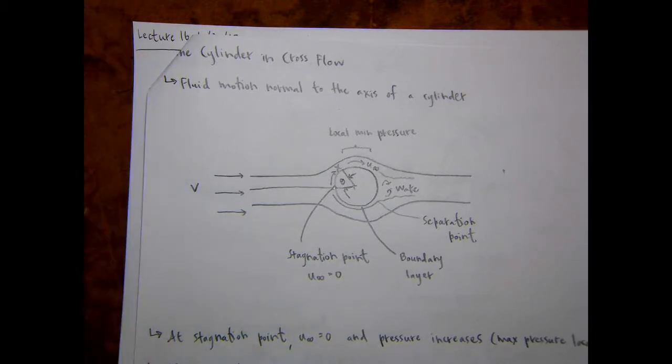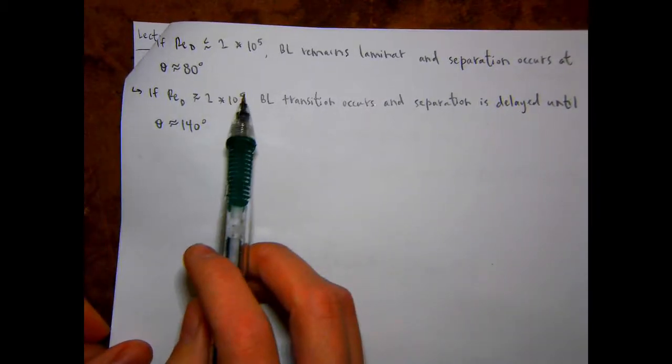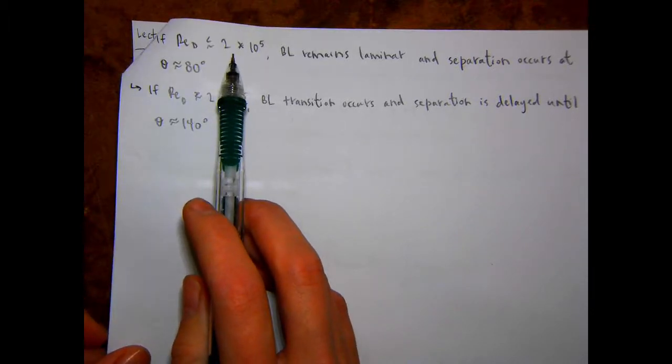We discussed that the point of boundary layer separation is influenced by whether the flow is laminar or turbulent. A turbulent boundary layer tends to have more momentum due to turbulent mixing, so it can stay attached for longer. And we said that there's a defining Reynolds number for the cylinder in crossflow of 2 times 10 to the 5th.